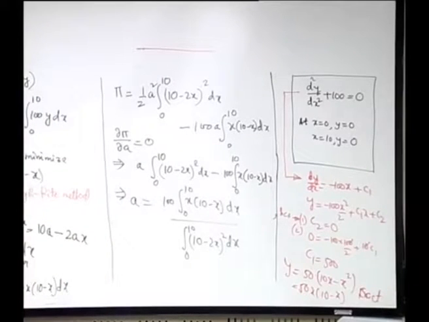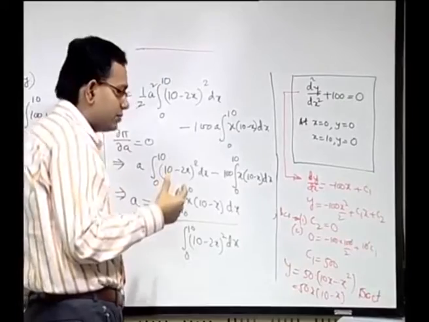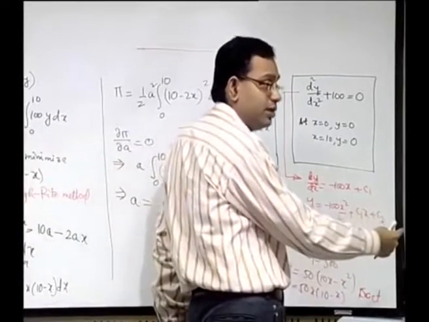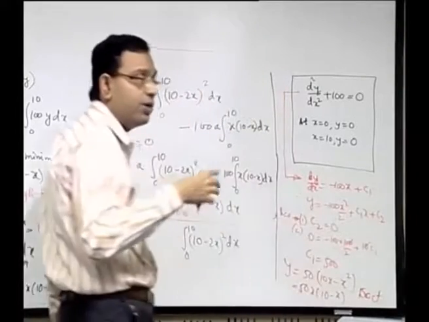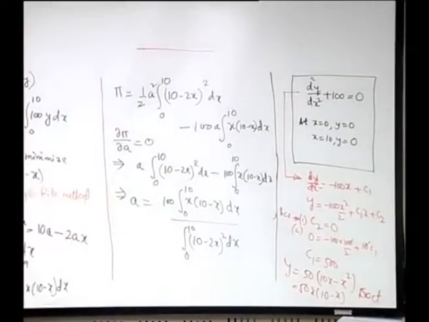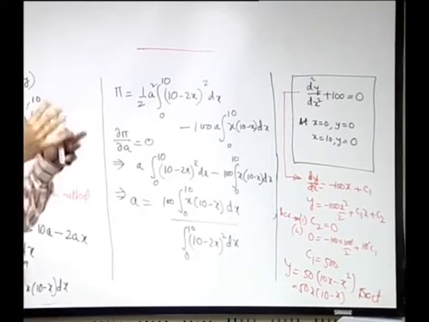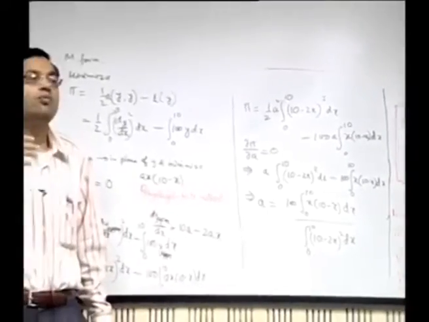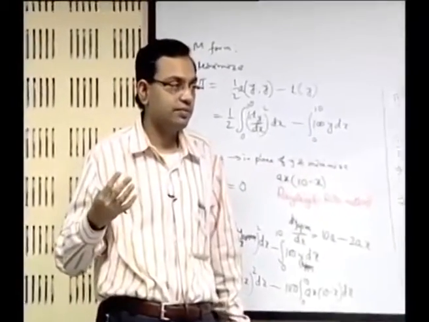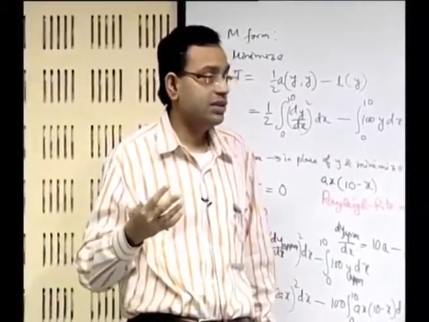However, what you could do to improve upon your solution, you could use a higher order polynomial. Here it is not necessary, but for most of the problems your accuracy of the solution will go up if you use a higher order polynomial, but higher order polynomial will mean more calculations and more tedious calculations.